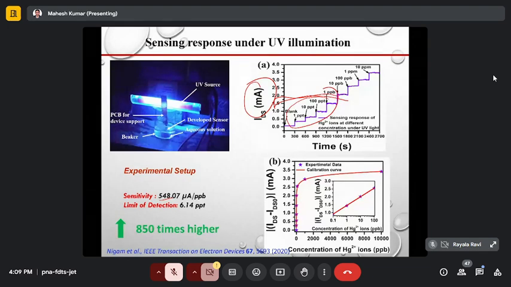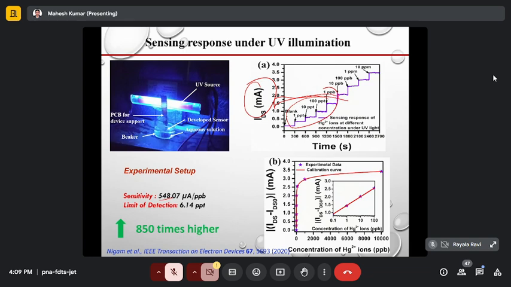And if I compare with the previous case, we can improve the sensitivity around 850 times just by putting this sensor near the UV source.